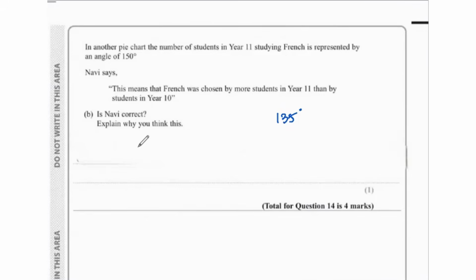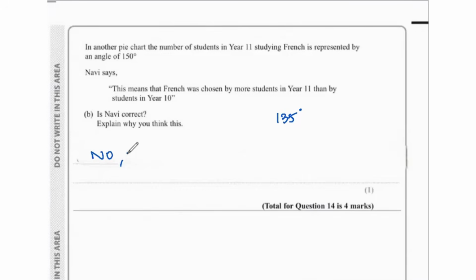However, for that pie chart, we knew that we had 120 students in year 10. So since there is no clarity on the number of students in year 11, we cannot assume that those studying French are going to be more in year 11 compared to year 10 just because the angle is bigger.